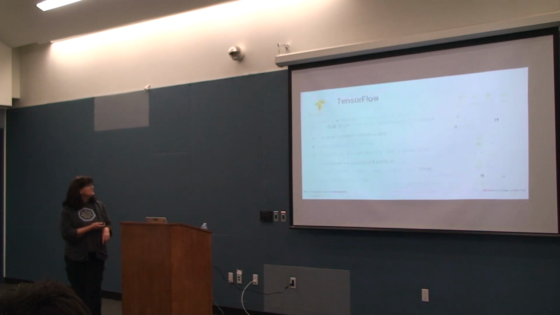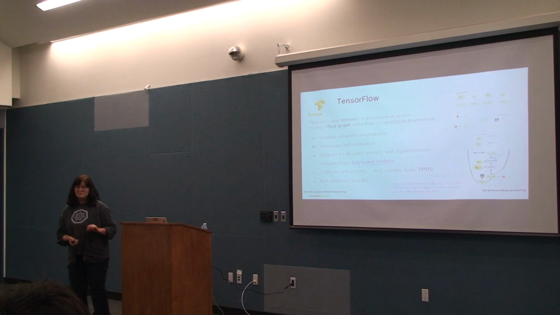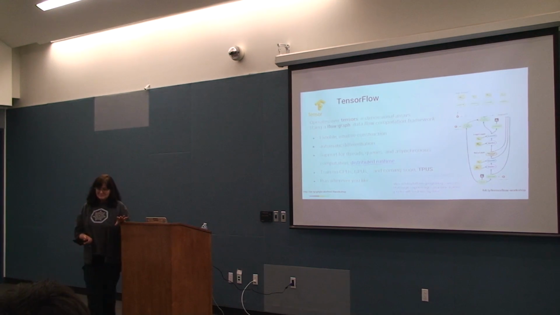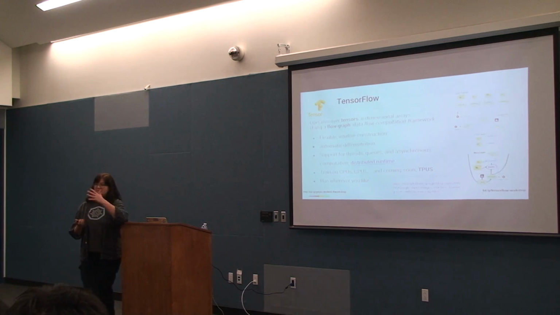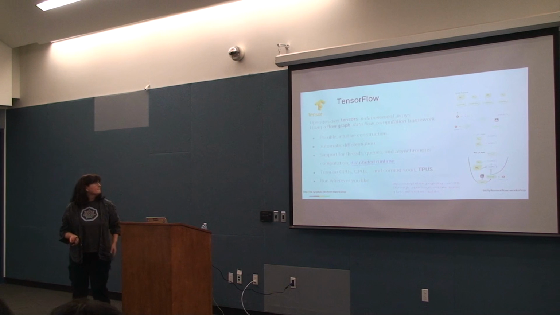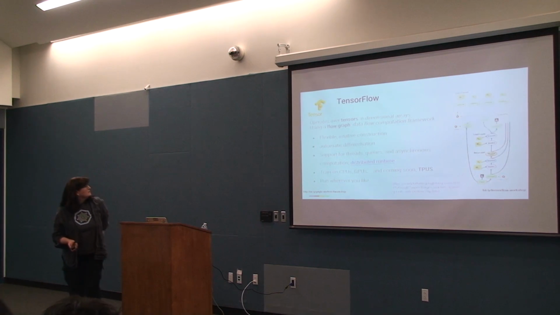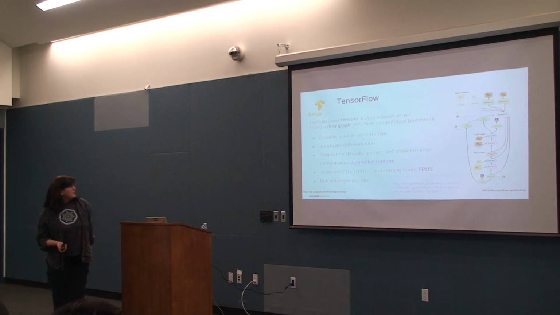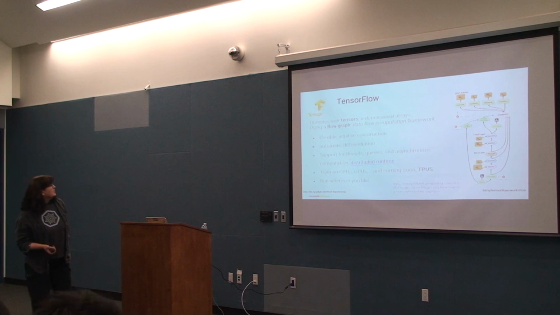Text summarization, and a few more fun things as well. Just to give the flavor of some of the big substantial models that people are building with TensorFlow. That's probably not very readable to you guys.